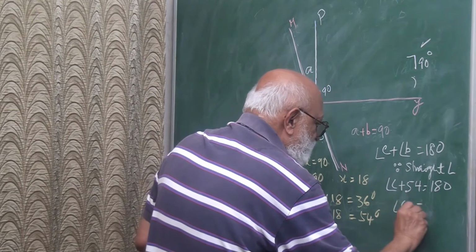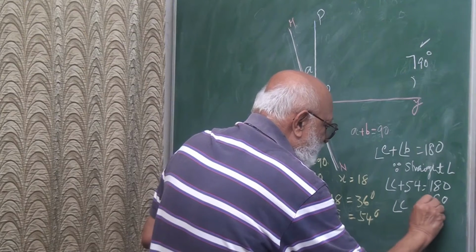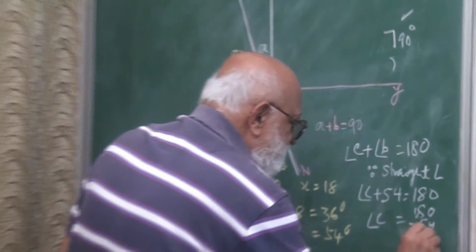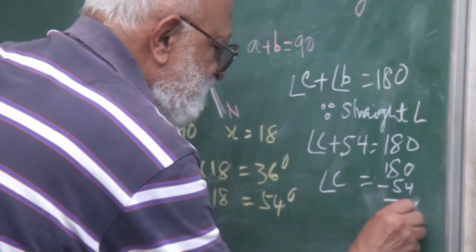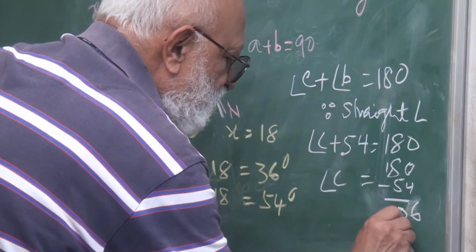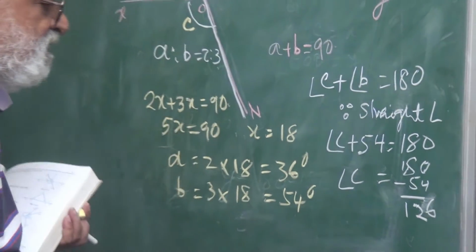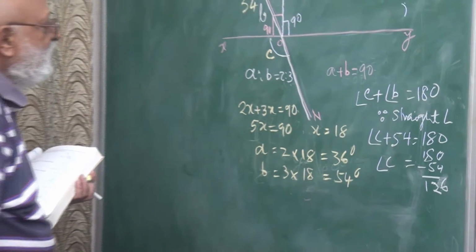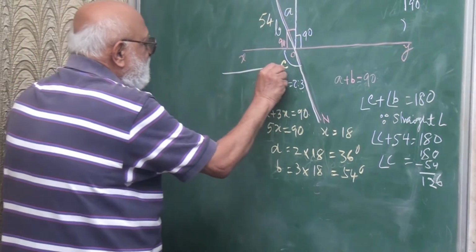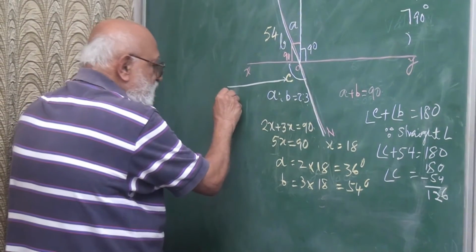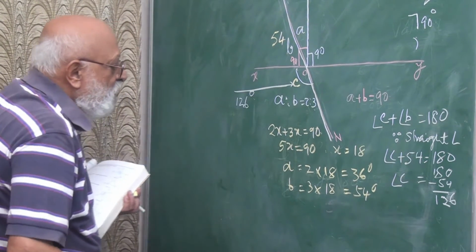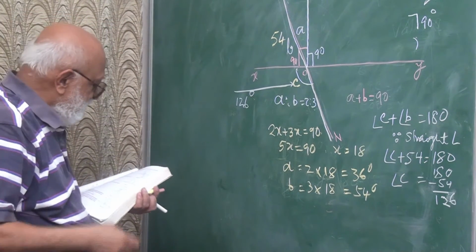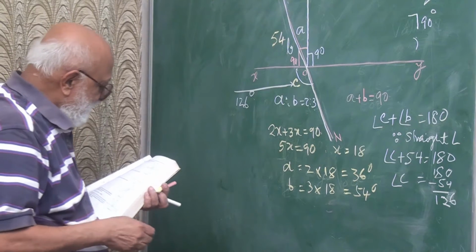So angle C is equal to 180 minus 54, that is equal to 126 degrees. Okay, this answer is okay. This is what is wanted.